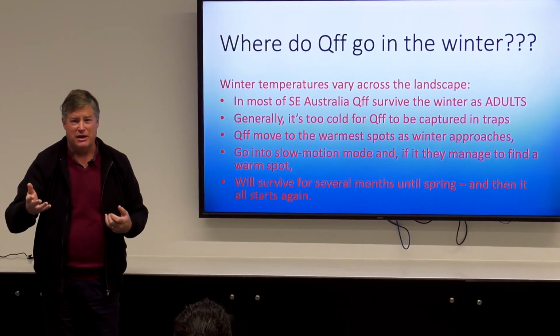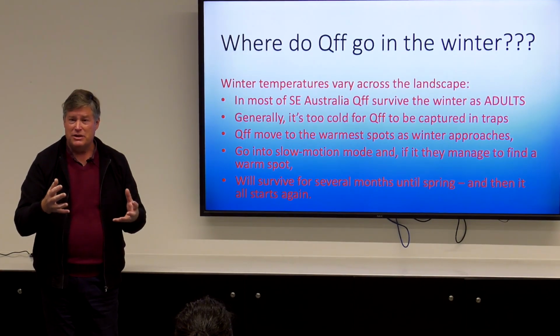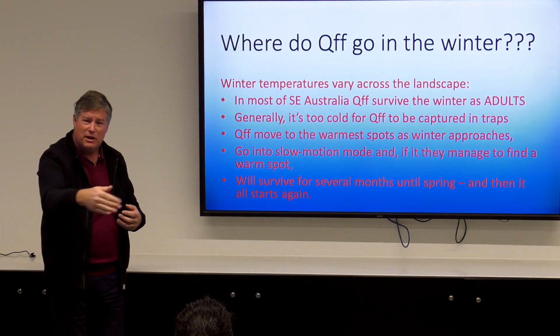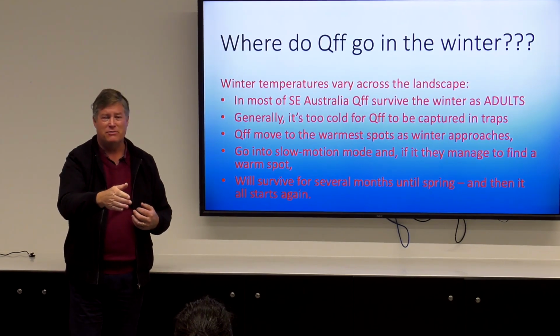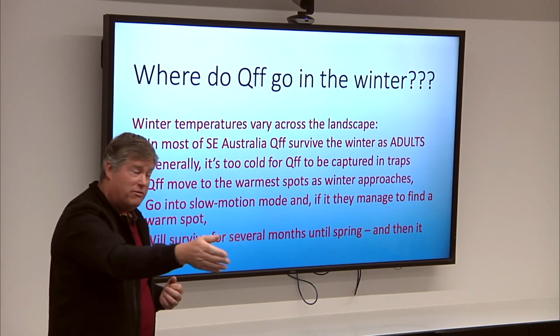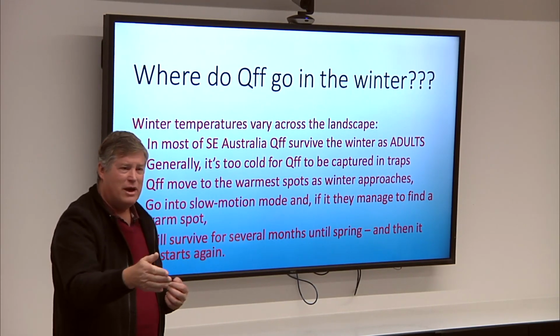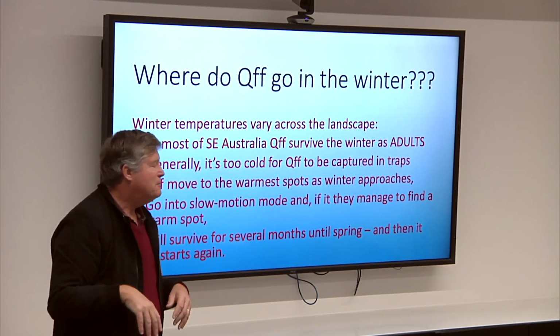In fact, they can see the heat. They have infrared vision, and they make their way towards the warmer parts of the landscape like a moth to the flame. Once they find the spot where they can't move either way anymore, they stay there over winter.